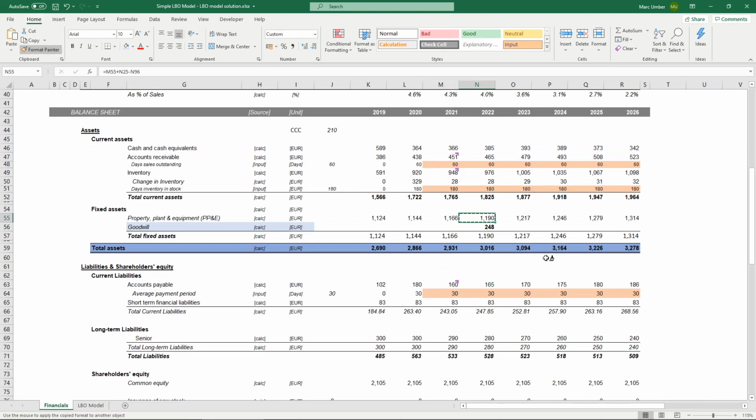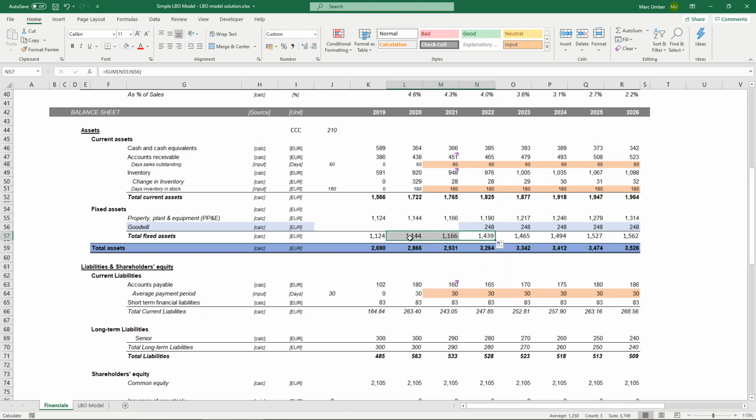Let's fix this. This will remain on the balance sheet. This is the first change that we introduce into the balance sheet. So we need to make sure that now we have all elements captured in the balance sheet.